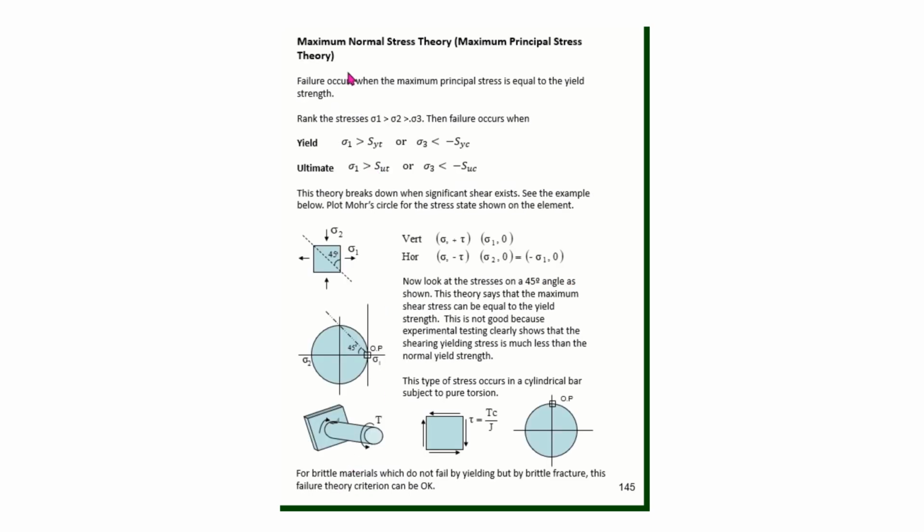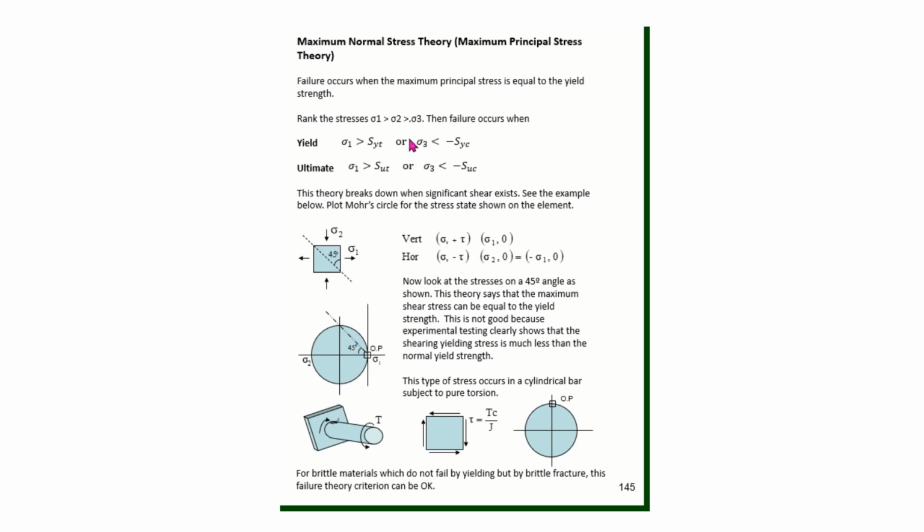So just as a quick review of the maximum normal stress, we realize that this is probably the failure theory that you have used up to now, where we essentially consider the largest principal stress and compare that to the yield strength in tension. Or we take the minimum principal stress and compare that to the yield strength in compression. And we realize that this failure theory is okay if sigma 1 and sigma 3 are both positive.